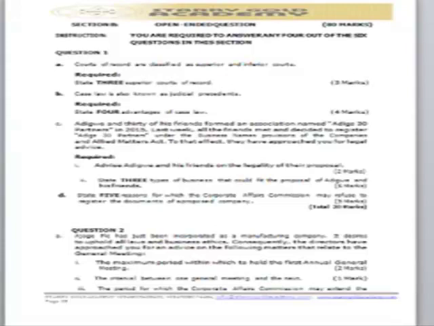Let's look at D aspect. State 5 reasons for which the Corporate Affairs Commission may refuse to register the document of a proposed company. Of course, CAC may decide not to register a company for any reason whatsoever, but those reasons are mentioned in the Act.